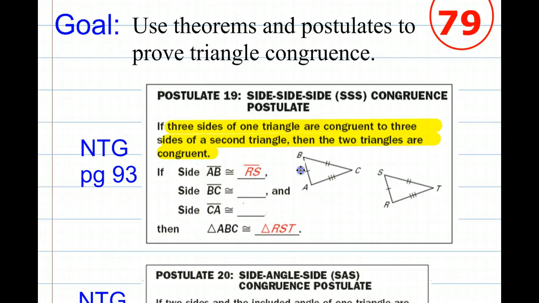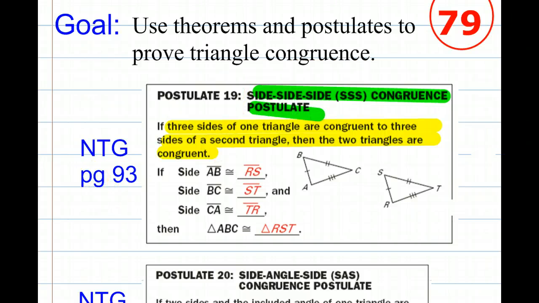So if I can show that AB is congruent to RS, and BC is congruent to ST, and CA is congruent to TR, then I don't even need to worry about the angles. I can stop right there and prove triangle congruence based off the side, side, side postulate.